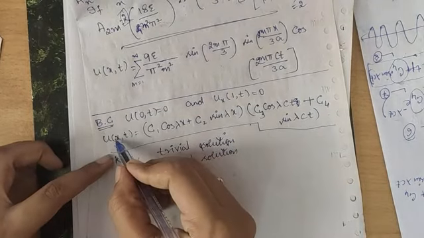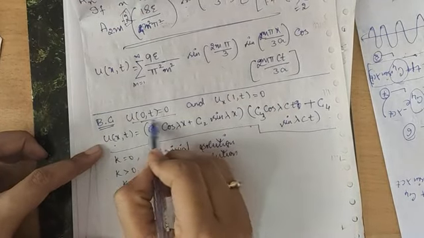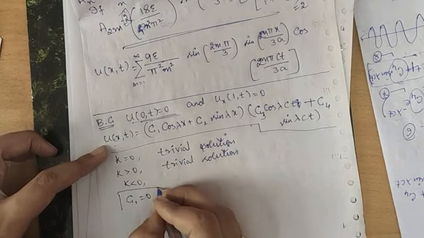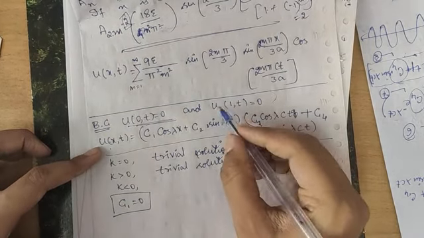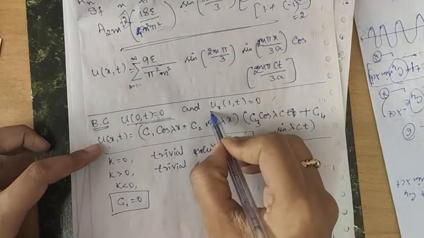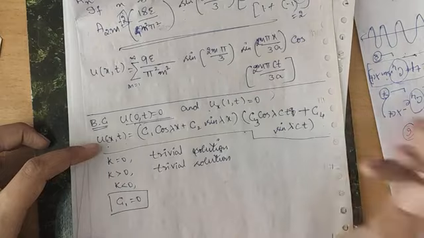So here if you consider u of 0 comma t is equal to 0, of course you will get c1 is equal to 0. But the other condition is you have to differentiate this u of x comma t with respect to x, then you have to apply the condition.